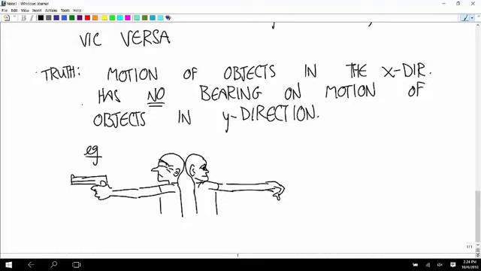But if you get rid of air effects, with bullets the air basically slows it down horizontally, but it doesn't really slow it down much vertically. And so you can just do this experiment if you're careful, and they'll hit the ground at the same time.